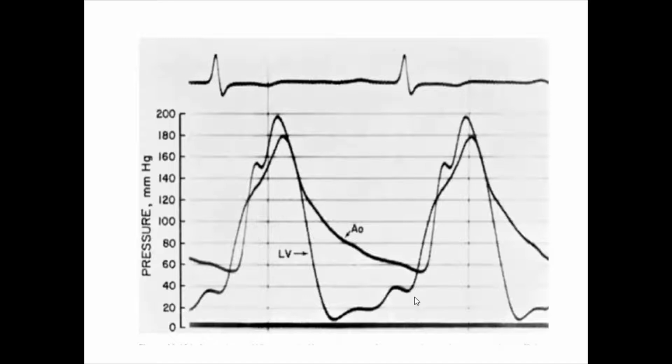Okay, now you can go to the aortic pressure. Aortic pressure systolic is about 200, and the diastolic is approximately 55 or 60.